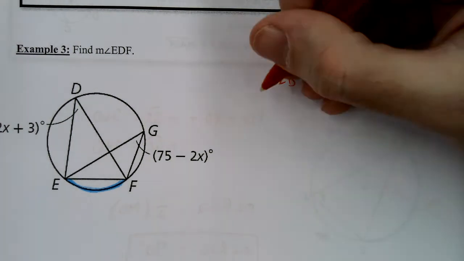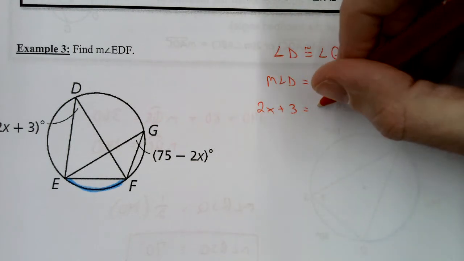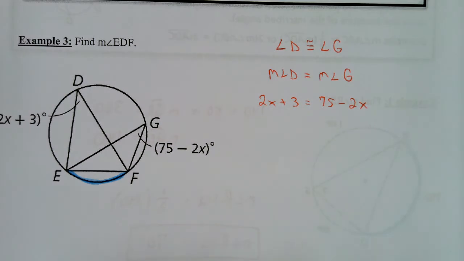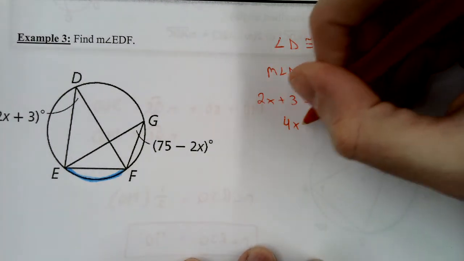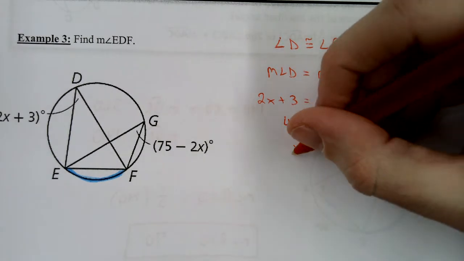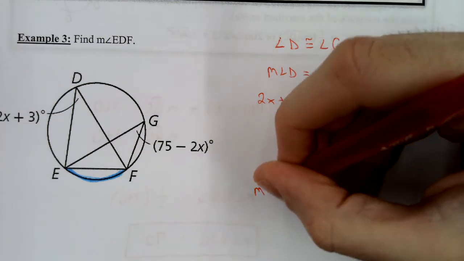So 2x plus 3 equals 75 minus 2x. Add 2x to each side. Subtract 3 on each side. 4x equals 72, which means x equals 18. And now we can find the measure of angle EDF, because that's what the question says.